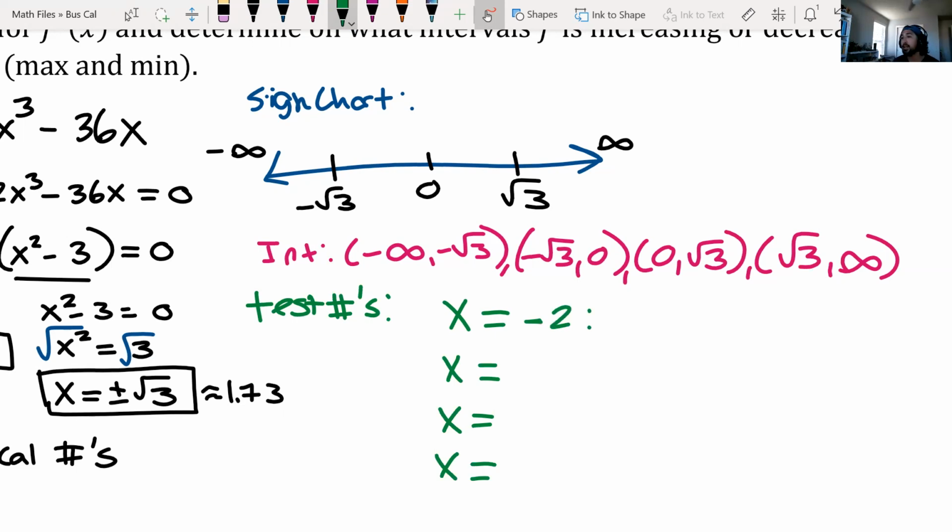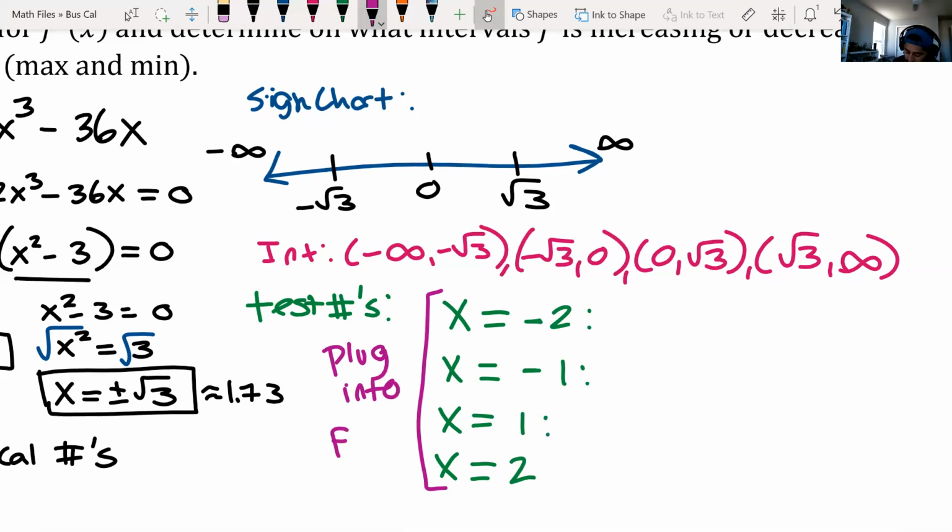Good. Give me a number from negative square root of 3 to 0. Negative 1. Then 0 to the square root of 3: 1. And square root of 3 to infinity: 2. Good. This is a sign chart for the first derivative.